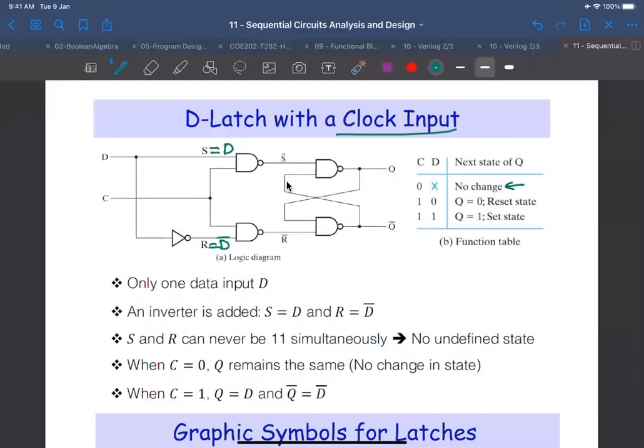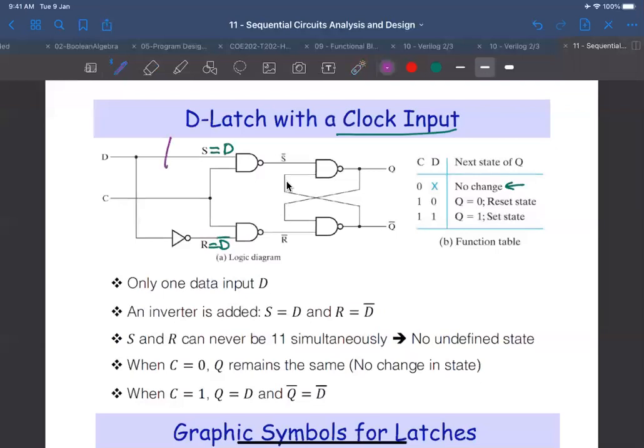So in no way will you have 1, 1 for S and R. Do you see that? There is no way that you can get the undefined operation for the D latch. So again, you have this structure here. Let me just use this.